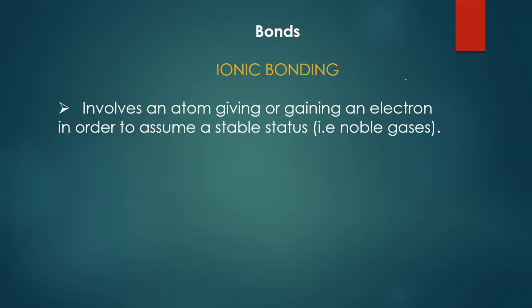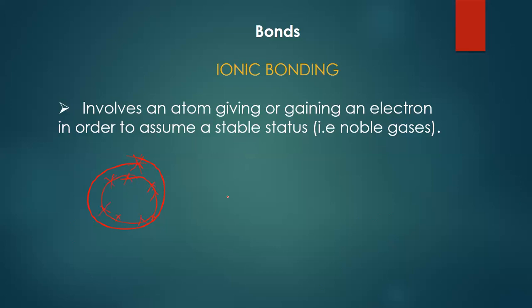So when an atom loses or gains an electron in order to achieve its stability, that is ionic bonding. There are atoms that have maybe only one electron in the outermost shell. Here they might have maybe 8.